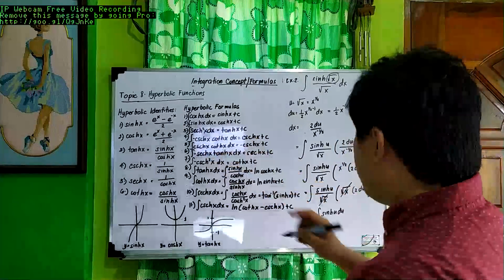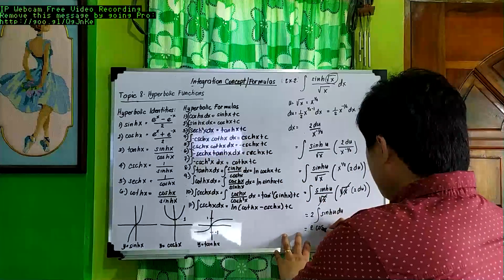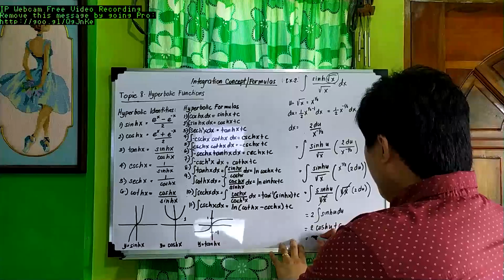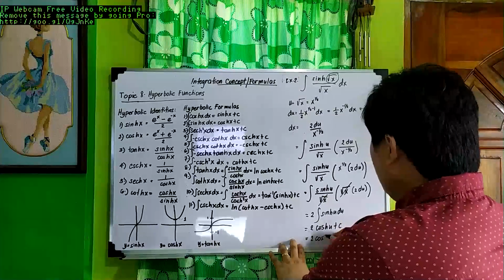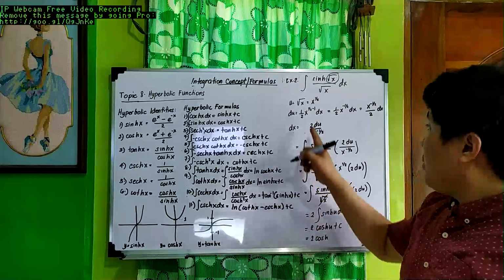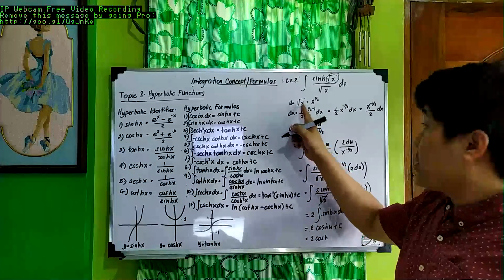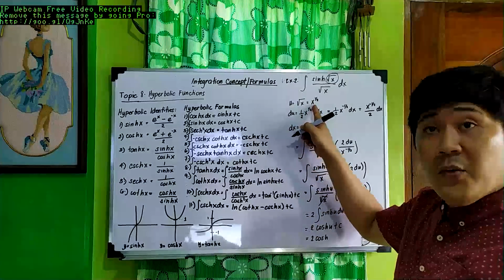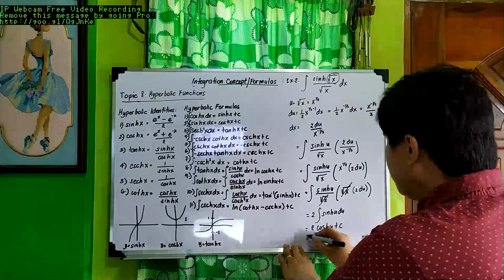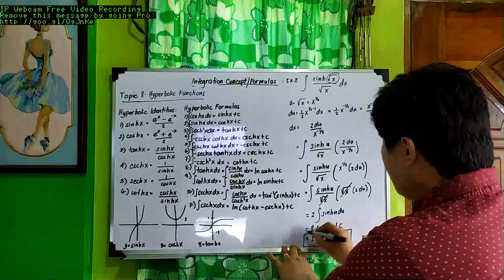Sine hyperbolic, that is still cosine. Cosine hyperbolic u plus c. Where u is equivalent to, what is the equivalent of our u? Our u is equivalent to square root of x, or x raised to the power of 1 half. So cosine hyperbolic square root of x plus c. Okay?